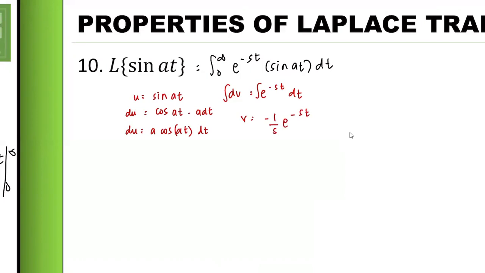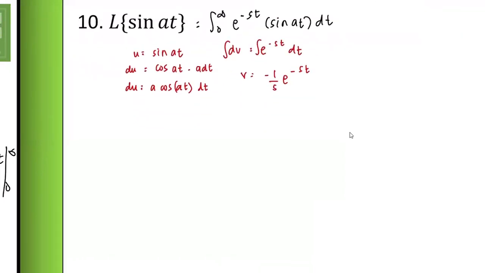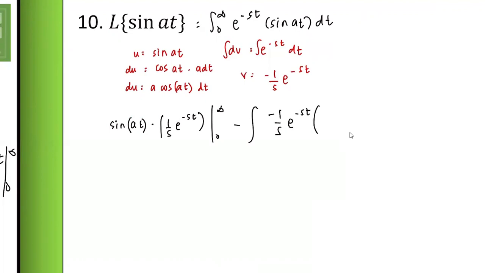Okay, so integration by parts formula, we have sine of at, okay, multiplied by 1 over s e^(-st). So this is 0 to infinity minus negative 1 over s e^(-st) as v times du, which is a cosine of at dt.